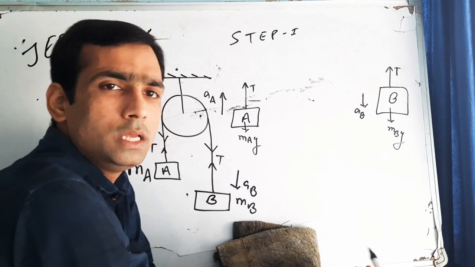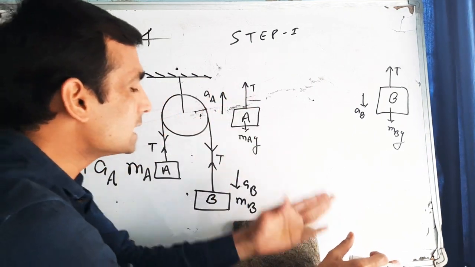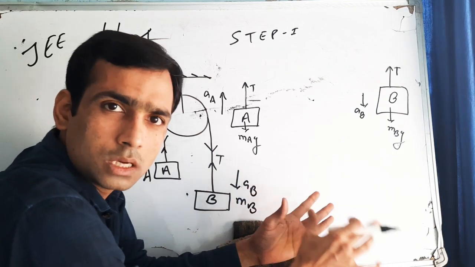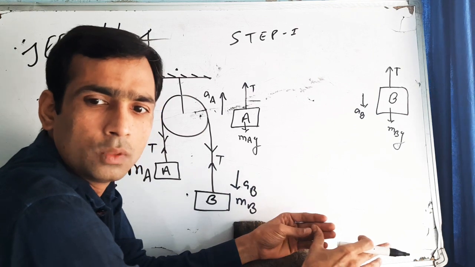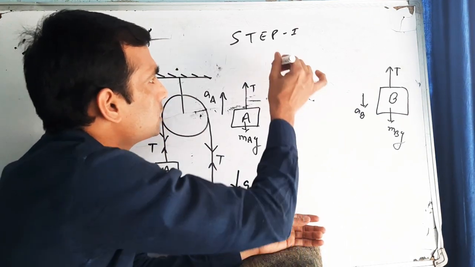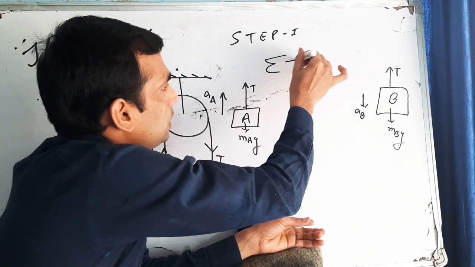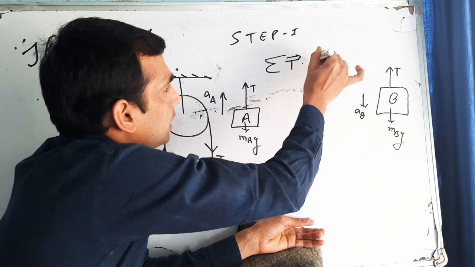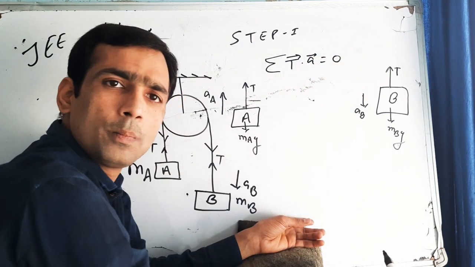So you can use the principle. This is the most marvelous. Students, occasionally I get messages from students saying it's a tough kind of question. So don't worry about solving these kinds of questions. Usually you can say this is the most useful result: summation of T dot A equals 0.